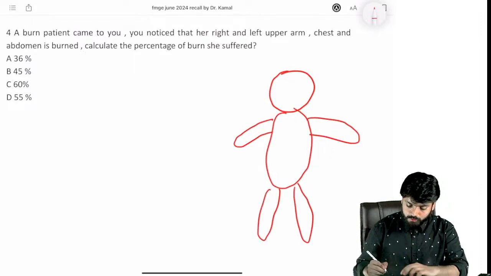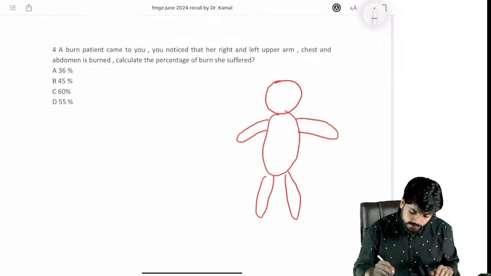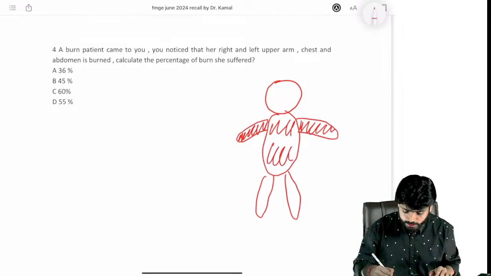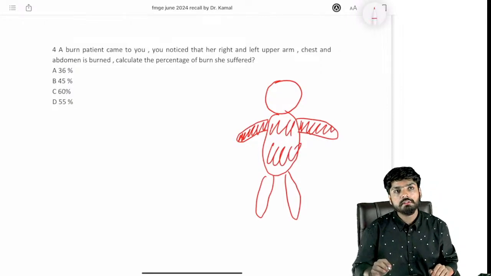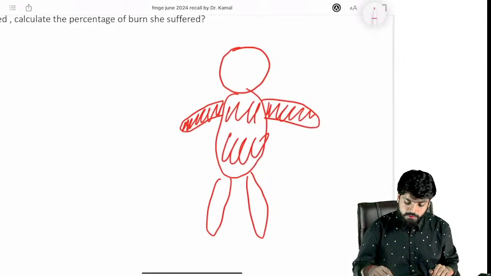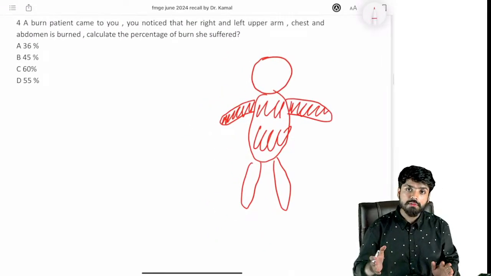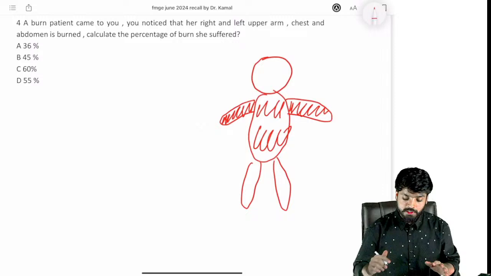Okay, so the question is telling us that the right upper arm, the left upper arm, chest and abdomen, these three parts are burned in this case. Now I'll assume that both the front and the back part are involved in this case.